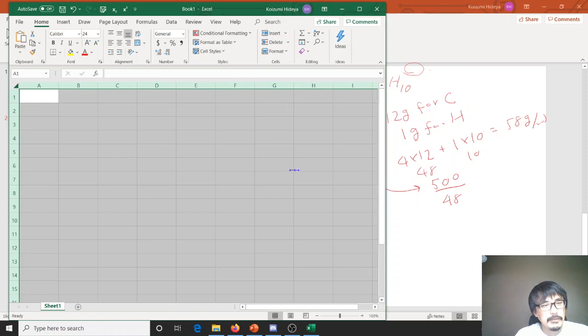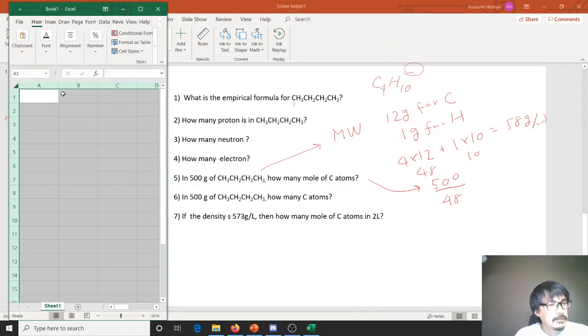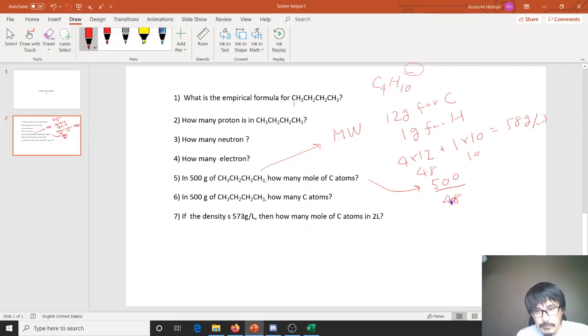So equal 500 divided by 58, right? So 8.621. I made a mistake earlier, it's 58. That's 8.621 moles.